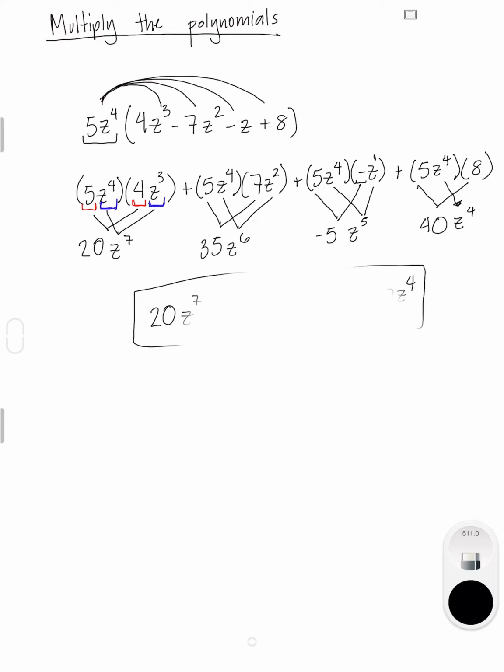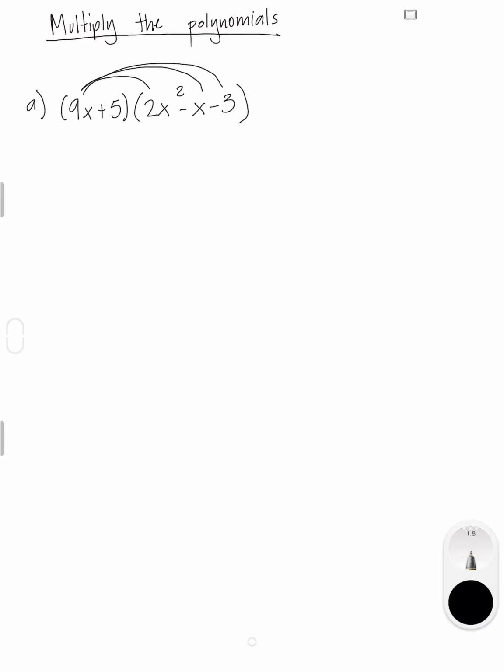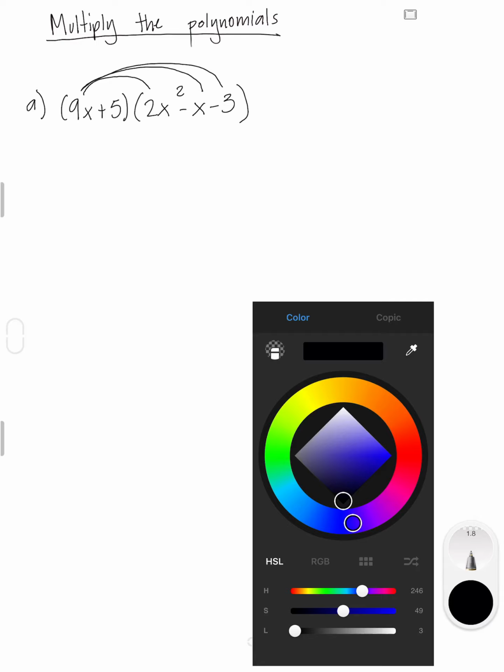So for this other example, we're going to have 9x plus 5 times 2x squared minus x minus 3, right? And what's going to happen is that first the 9x will be distributed to everything in the other parentheses.